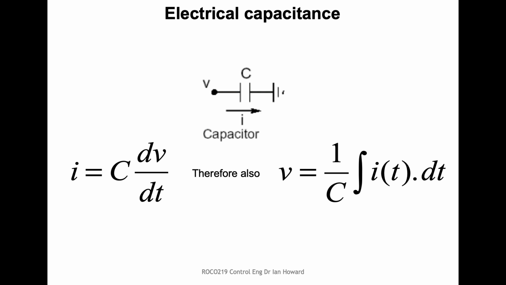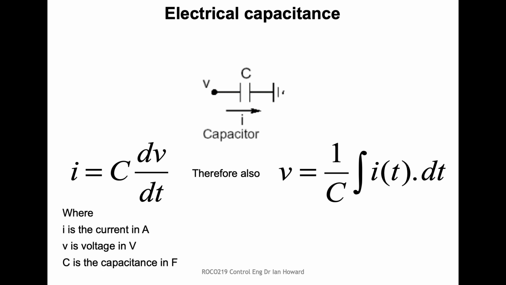Again, we can integrate both sides of this and we end up with a simple relation that the voltage across the capacitor equals 1 divided by C multiplied by the integral of current with time. Again, current is in amps, voltage is in volts, and capacitance is in farads.